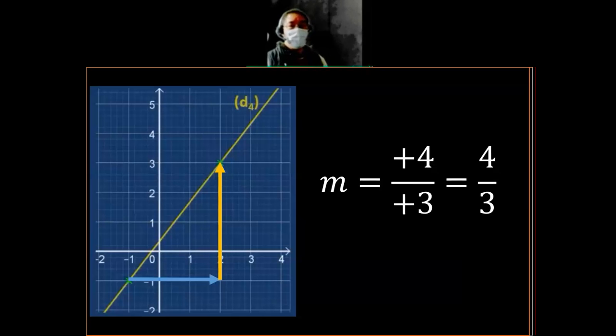So for example, 1 over 2 is 0.5. 0.5 is fine to write. 1/3 is a little bit different because it will be 0.33 and it will keep recurring, so that's not a good notation. But most of the time you can write either in fraction or decimal form.